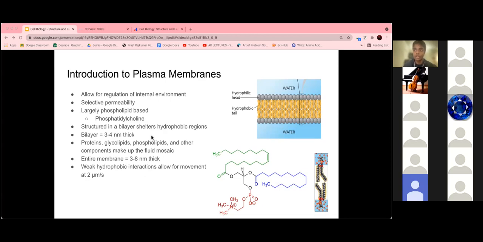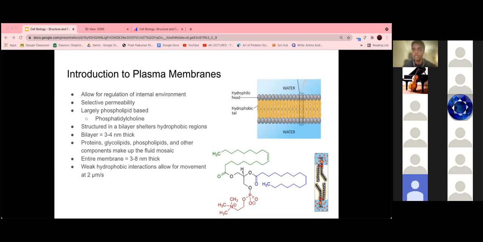Membranes also contain other components like membrane proteins and glycolipids, and the components of a membrane make up a mosaic consisting of proteins and carbohydrates surrounded by the fluid lipid bilayer, which is known as the fluid mosaic model. With the addition of membrane proteins and other components, the membrane can be anywhere from 3 to 8 nanometers thick.